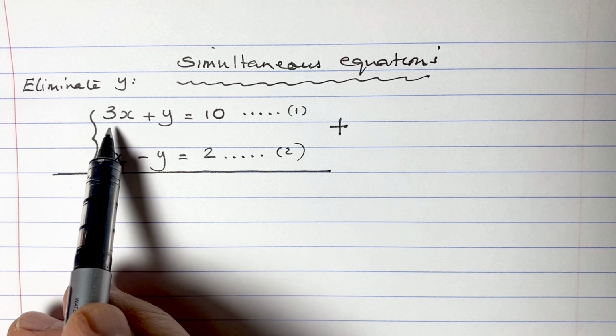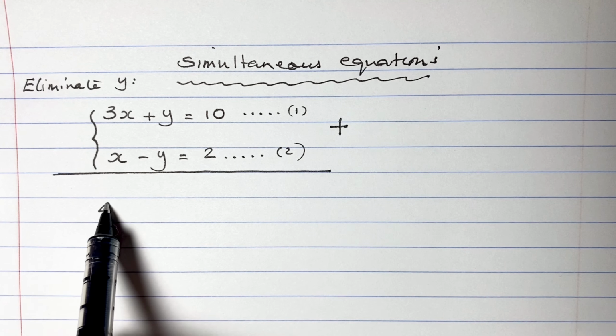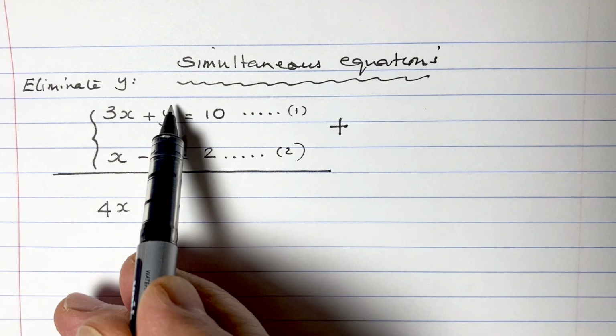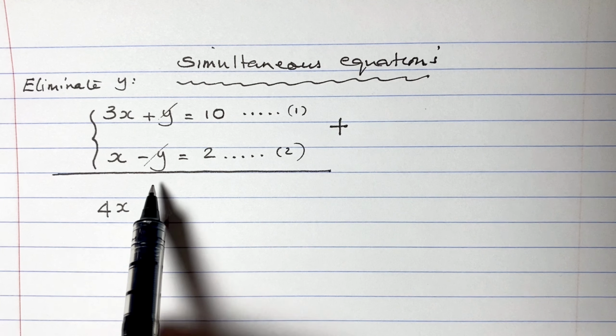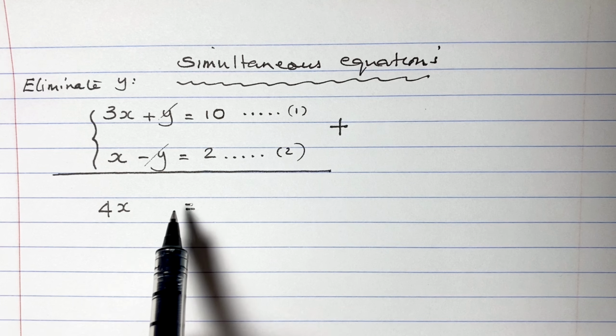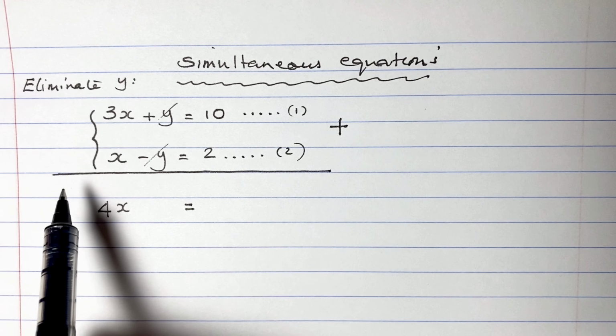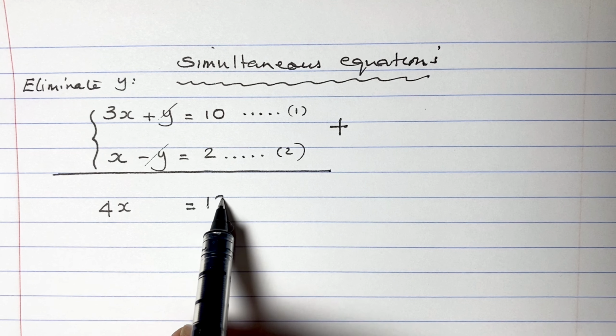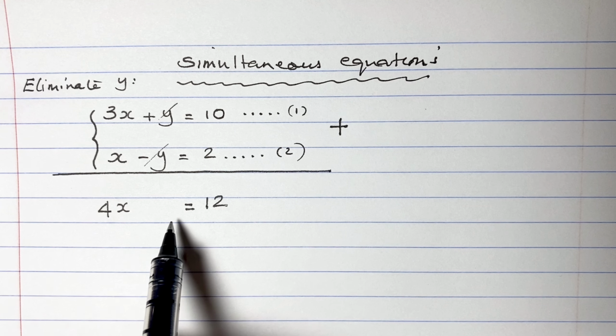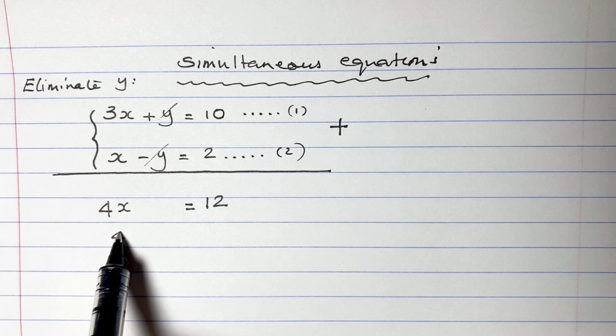So 3x plus 1x becomes 4x, plus 1y, take away 1y, no y. So y is gone. I have managed to eliminate that. And 10 add 2 makes 12. So we end up with a very, very simple equation now.